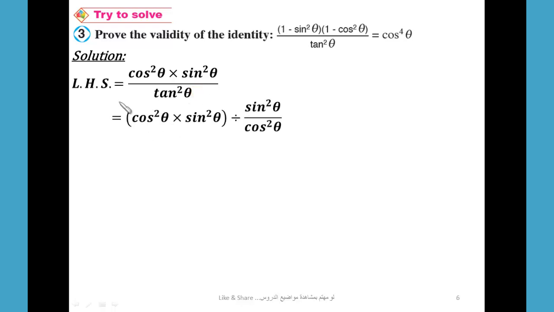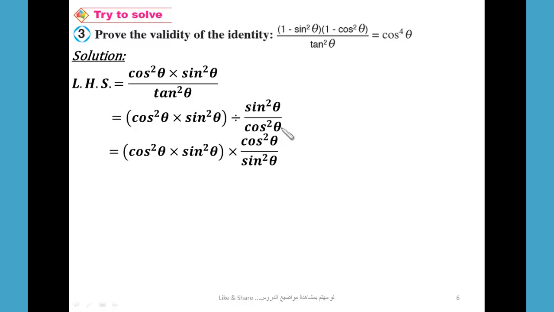Equals, we write the numerator, cosine square multiply sine square, divide, I write divide in this form, tan square, it is sine square over cosine square. And we change division to multiplication in this step.